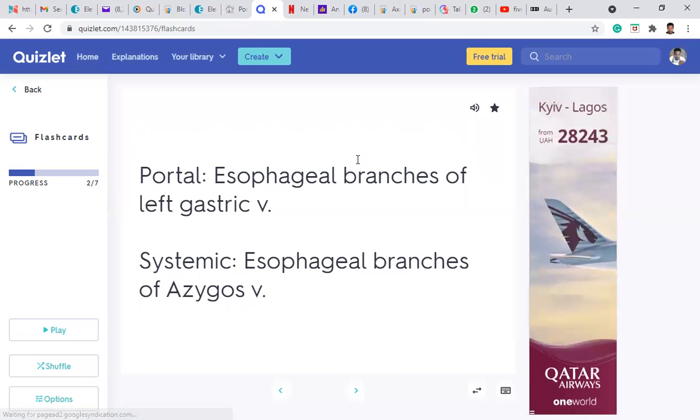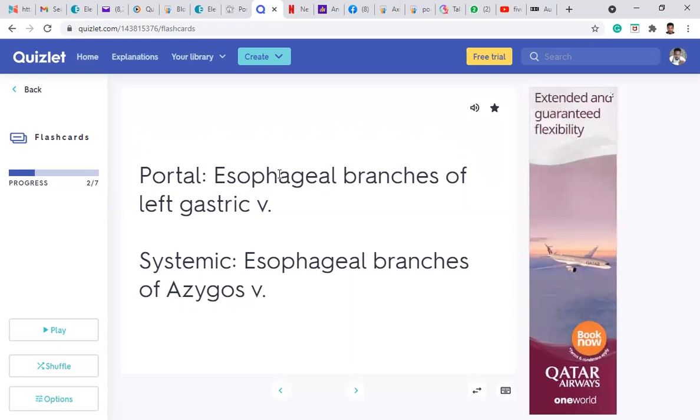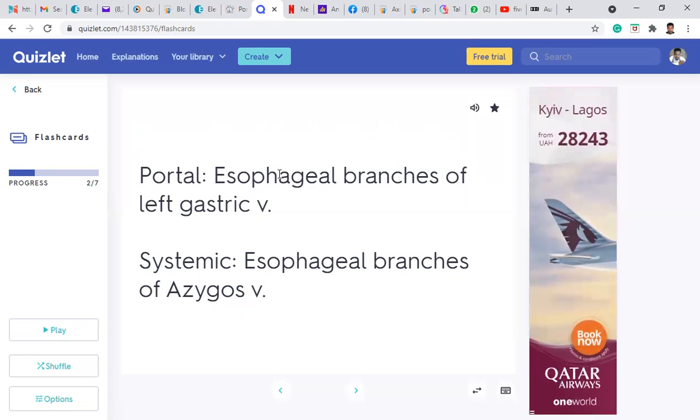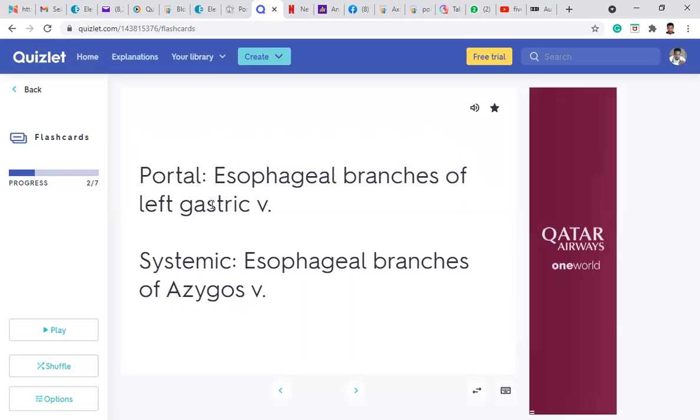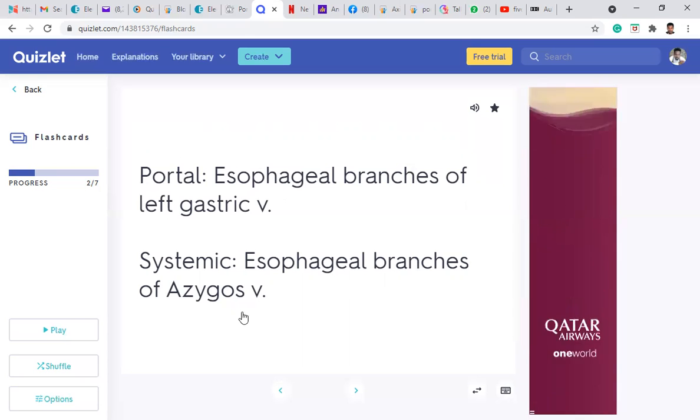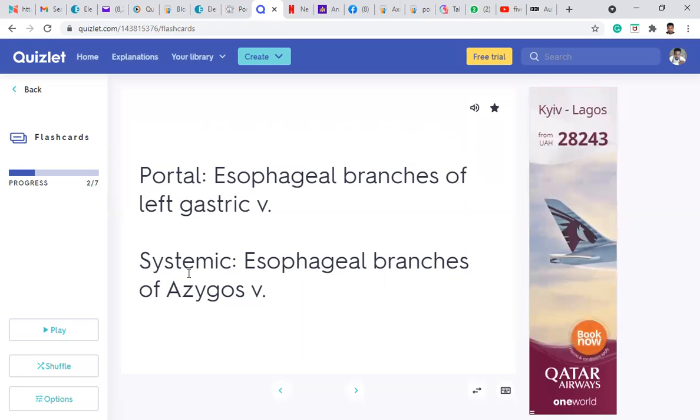So at the gut level or at the esophageal level, we have anastomosis between esophageal branches of left gastric vein, which represents the portal system, while we have esophageal branches of azygos vein, which represent the systemic system or the caval system.